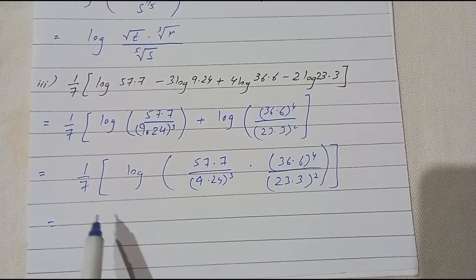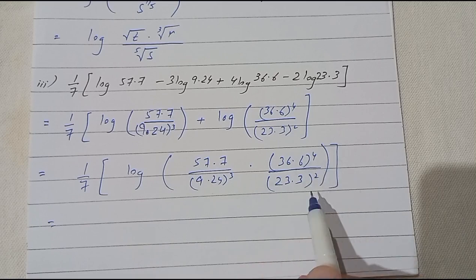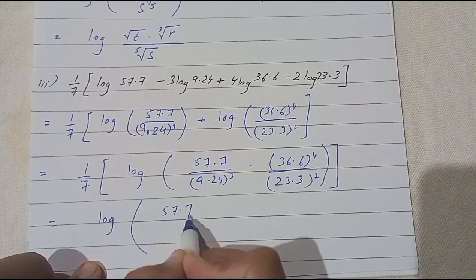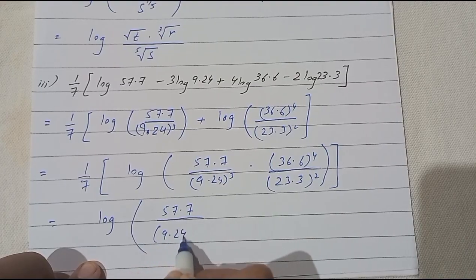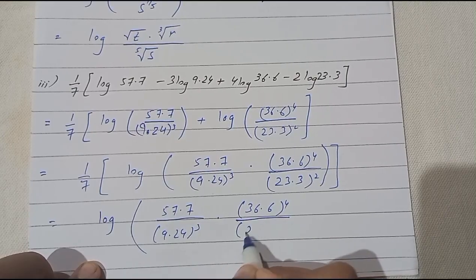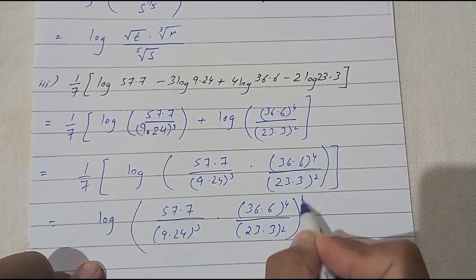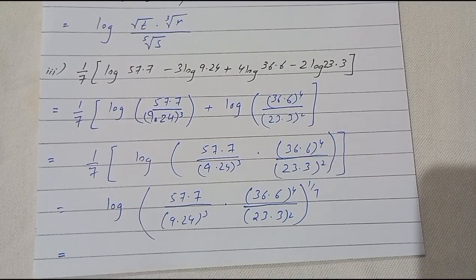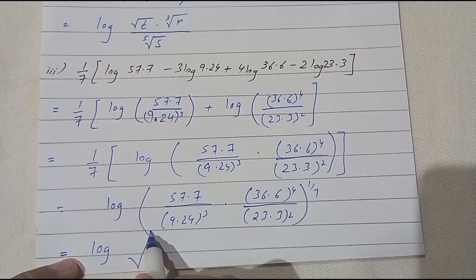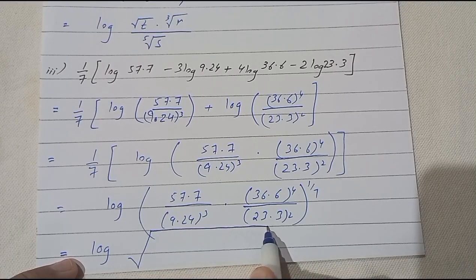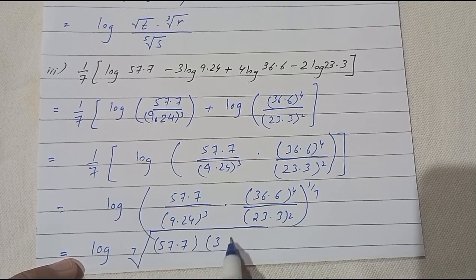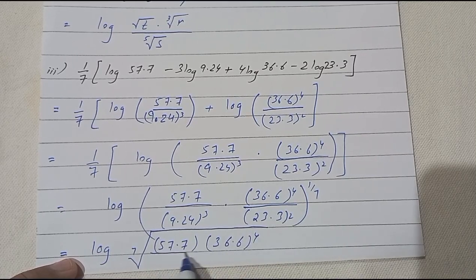So we write them as log of 57.7 divided by 9.24 cube multiplied by 36.6 power 4 divided by 23.3 square, whole power 1 by 7, and we can write them in radical form as log of 7th root of all terms. Now write all the terms.